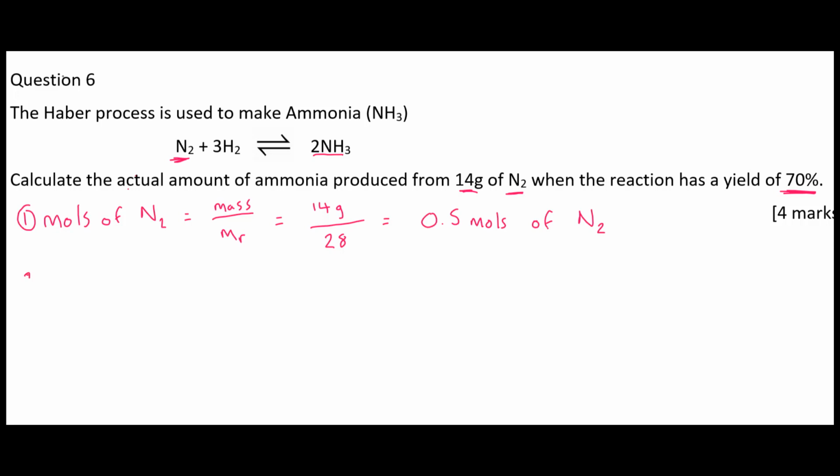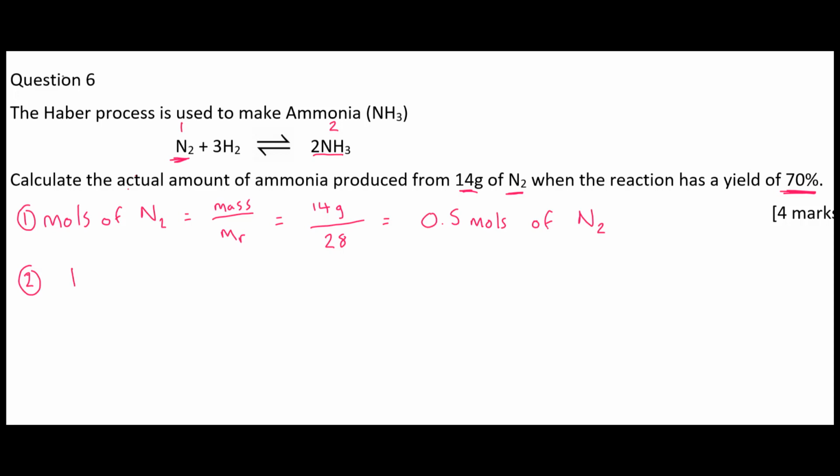Now, the second step, you have to look at the equation. And remember, we're only interested here in the nitrogen and the ammonia. And they're in the ratio of 1 to 2. You can see here, look, that we have twice as much ammonia as we do nitrogen.